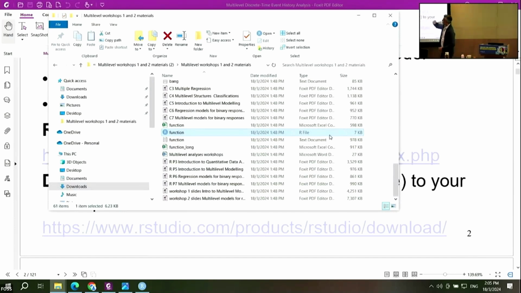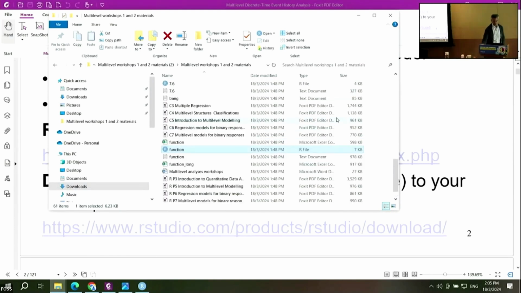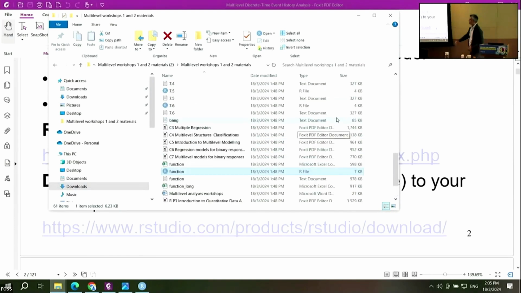In addition, you have a few more files. I'll just go through them. 7 refers to module 7 on the Lemma website, which is multi-level logistic regression models. Bang is one of the data sets that we are using for logistic regression.